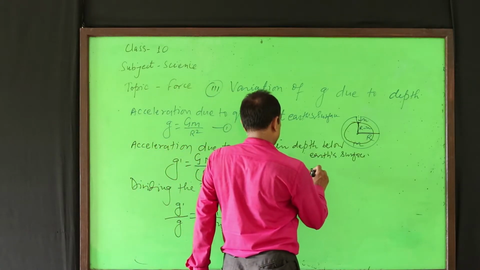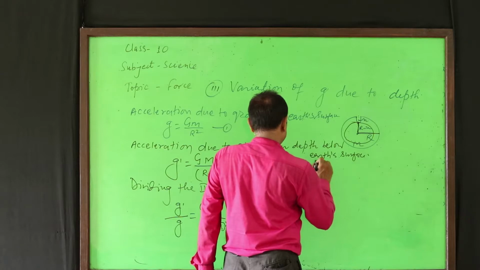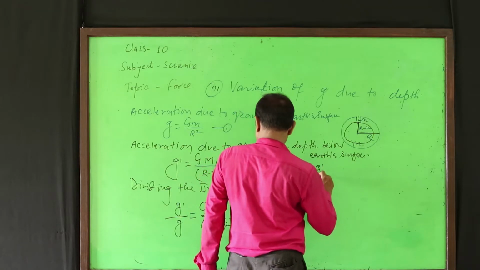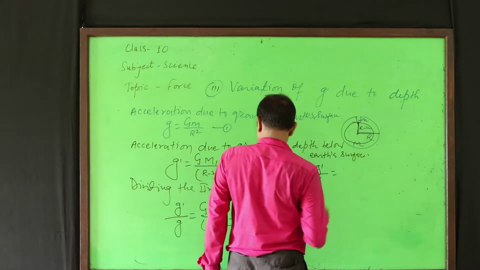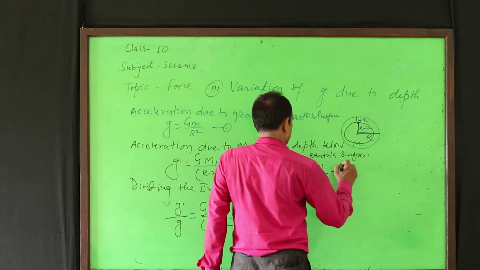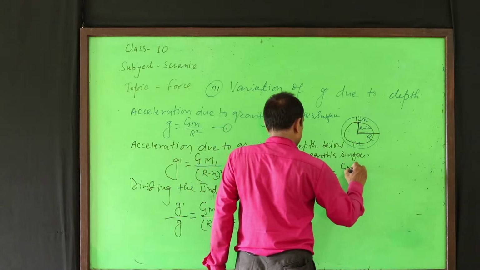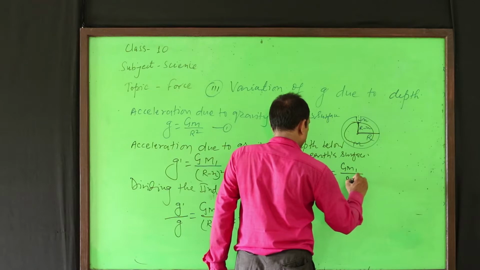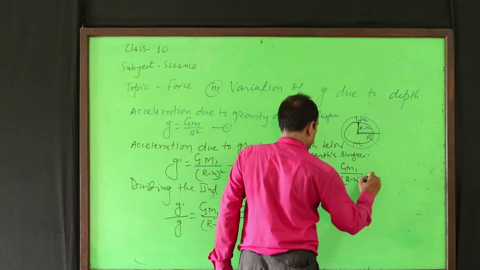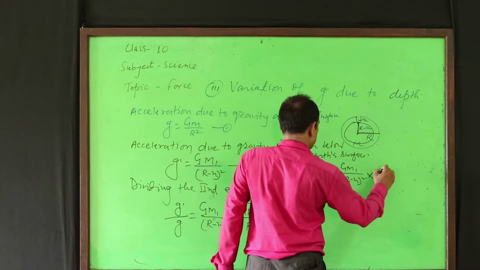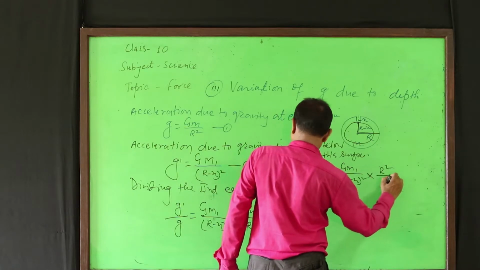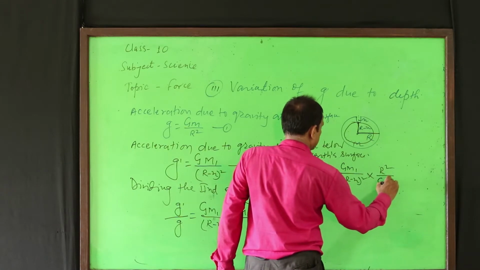Now g dash by g equal to G M1 by R minus x whole square into R square by GM.